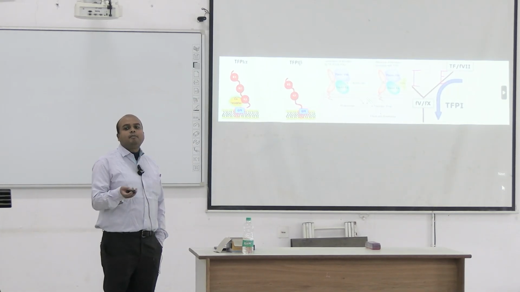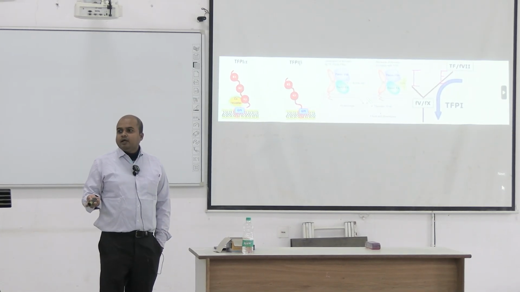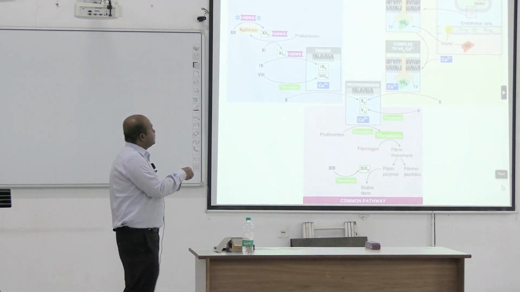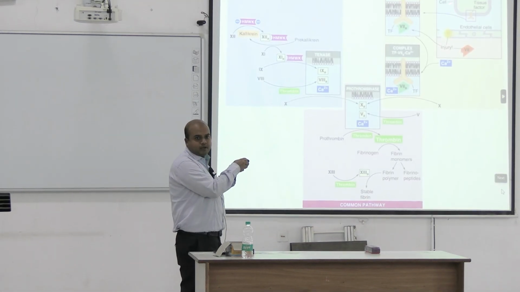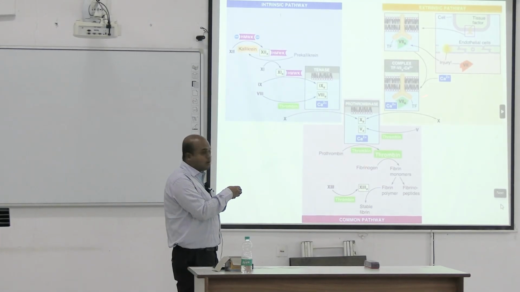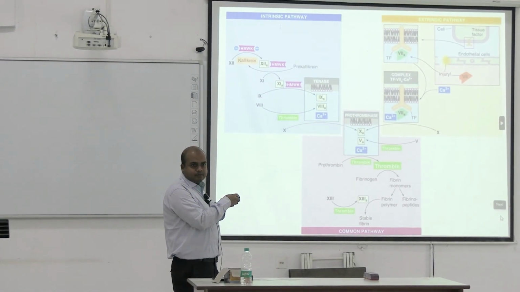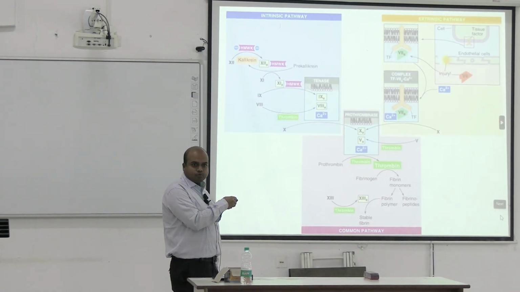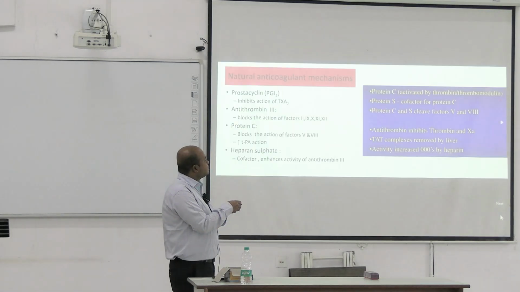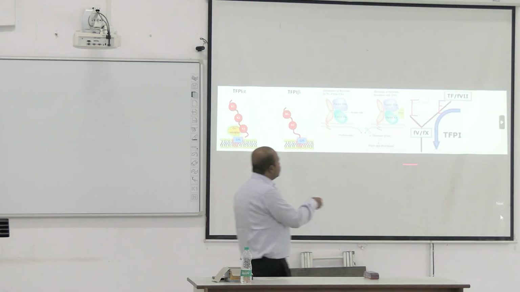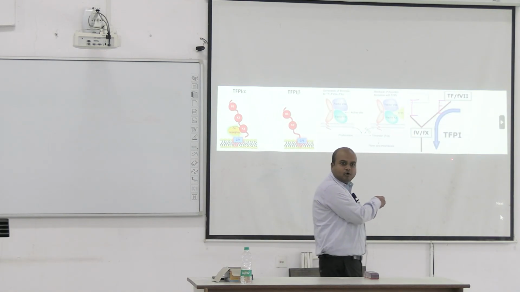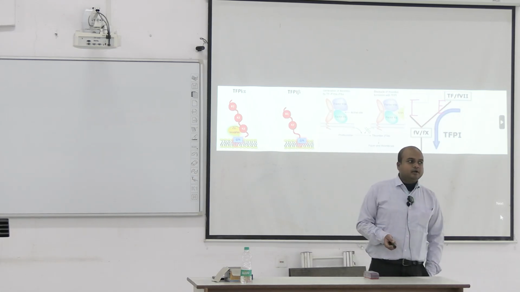Factor 10, factor 7 complex comes in which pathway? In the extrinsic pathway. So that is tissue factor pathway inhibitor. But most authors say the factor 5, factor 10 complex is also inhibited.